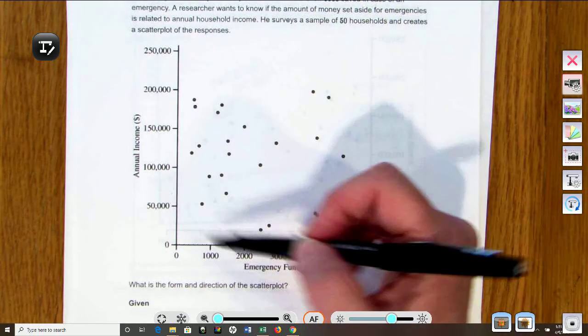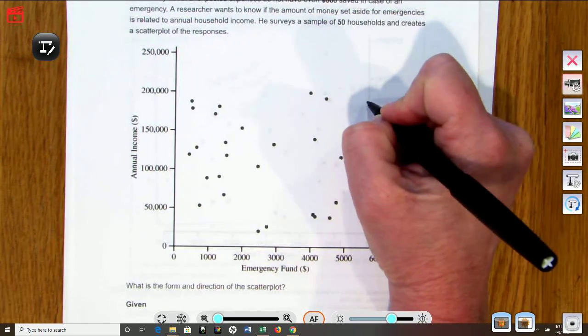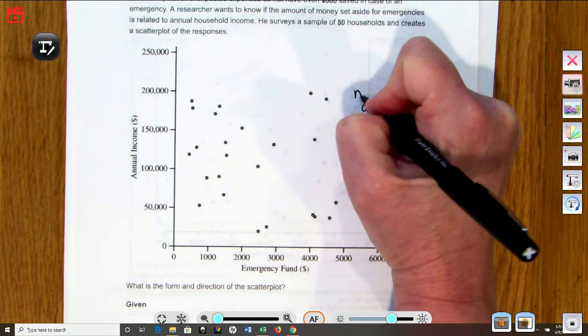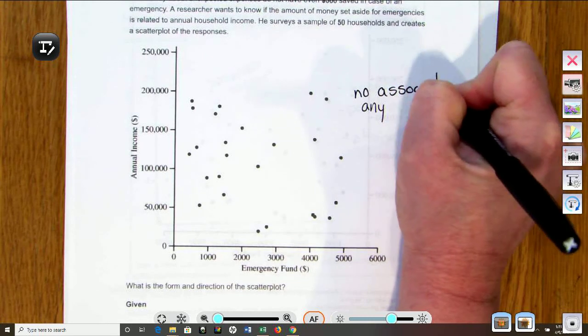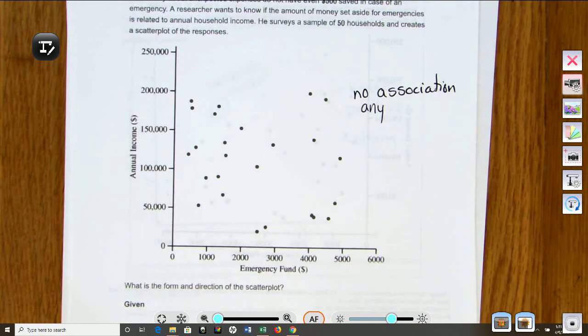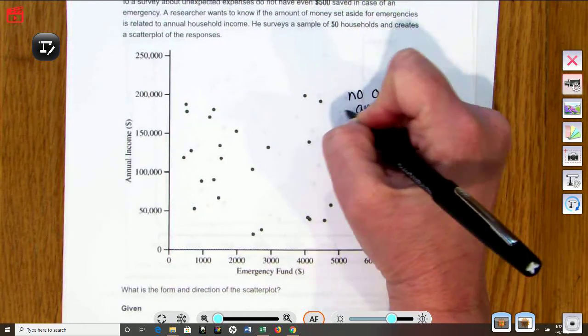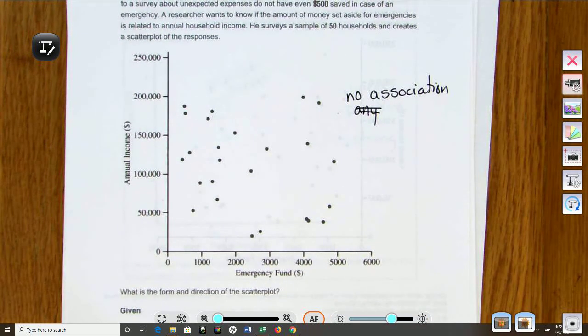Well, I see points all over the place, so I don't see any association whatsoever. So I'm not really going to do any of those questions because it doesn't make sense. I don't see a straight line here. I see no patterns. I don't see lines, curves, or any.